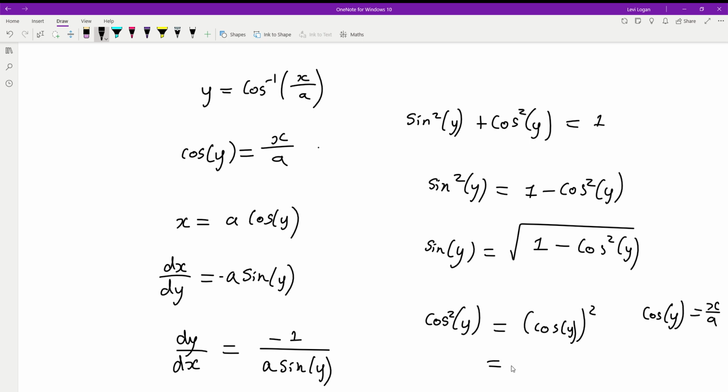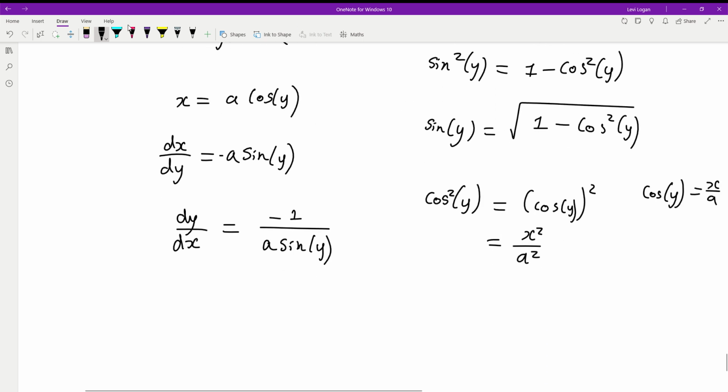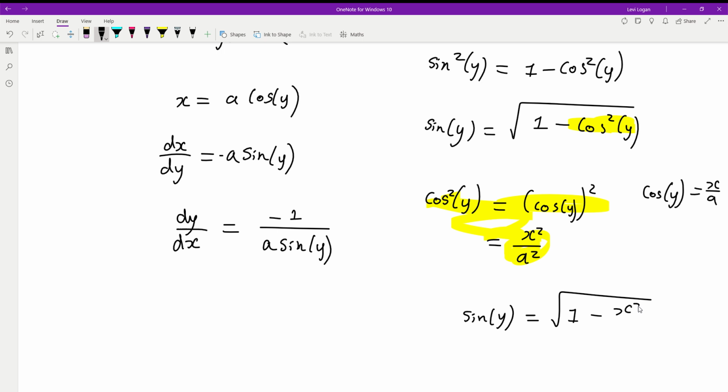So that means this is going to be x squared on a squared. Okay? So I can replace all of this there. So I get sine of y is equal to the square root of 1 minus x squared on a squared. And then I can replace this bit with all of this.